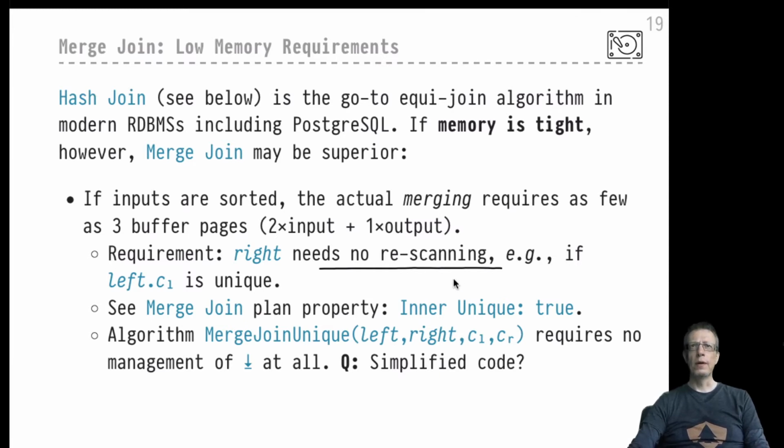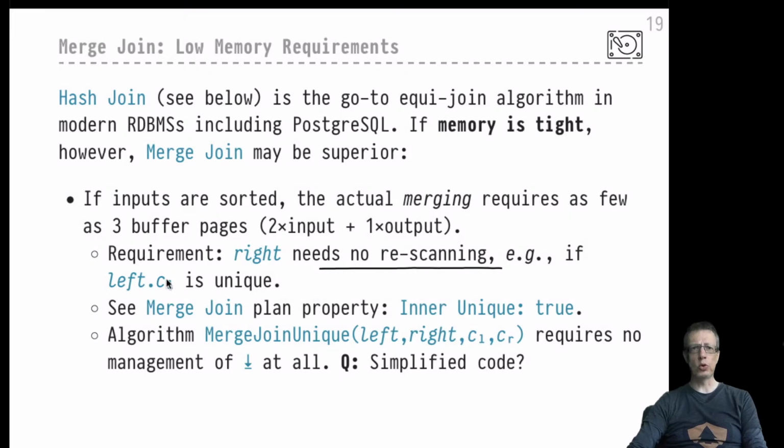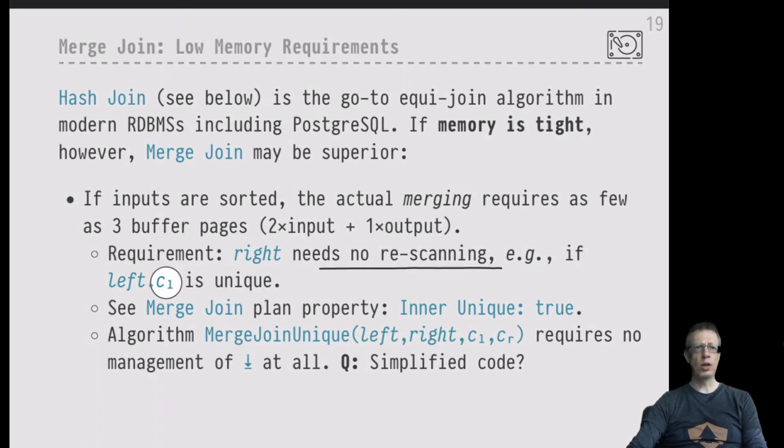Okay, this is the case, for example, if the left join column, the CL column of our left input, is a unique column, which is not too uncommon. Maybe we are talking about foreign key joins, then the CL column here might indeed be a primary key of the left table, and then it would be unique.